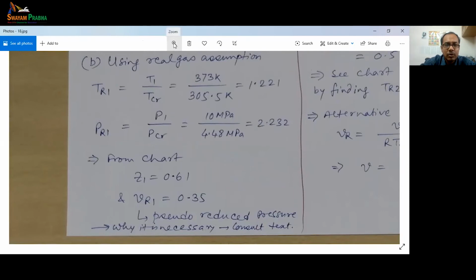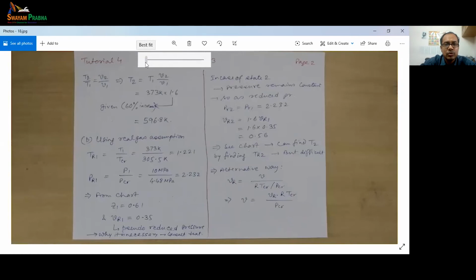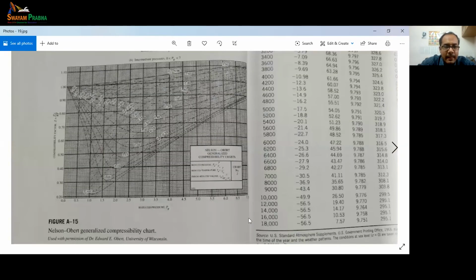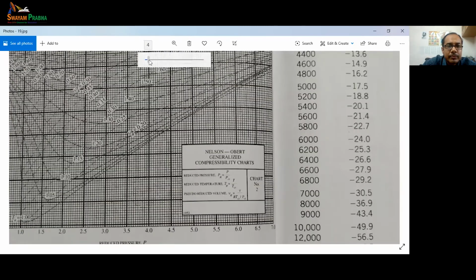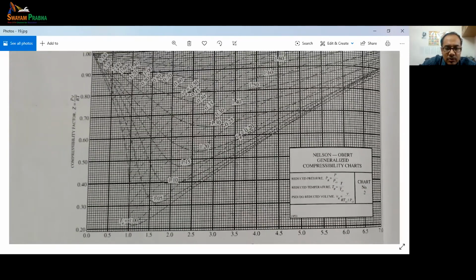Now we are going to show you the two values we need to read from that chart. TR1 and PR1 we know, 1.22 and 2.232. Let me zoom it a little bit. PR is somewhere between 2 and 2.5 here, right?